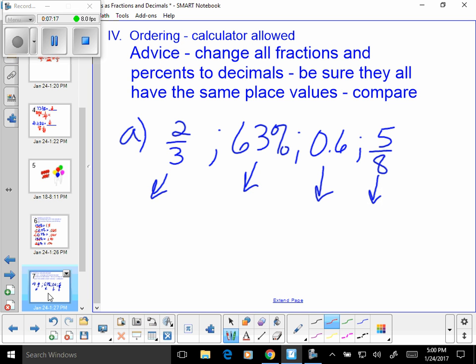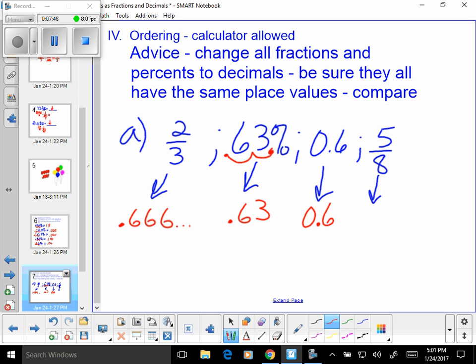If we look at 2/3, hopefully you've got this one memorized. If not, you're going to take 2, divide by 3. You're going to get 0.66, and then it will actually repeat. So we can use a set of ellipses to show that. Don't need a calculator here, just shift to the left, 0.63. 0.6 is already a decimal.